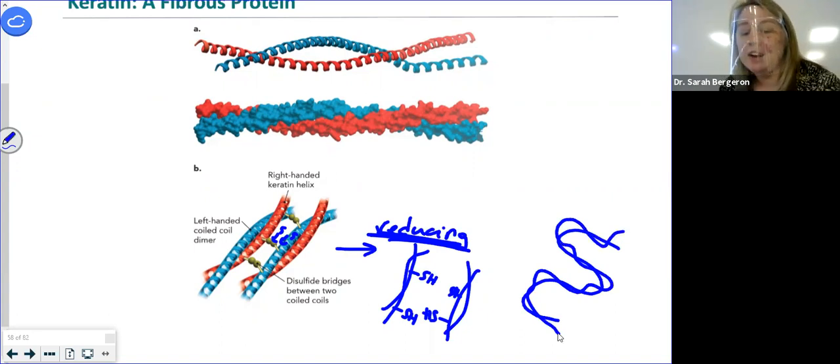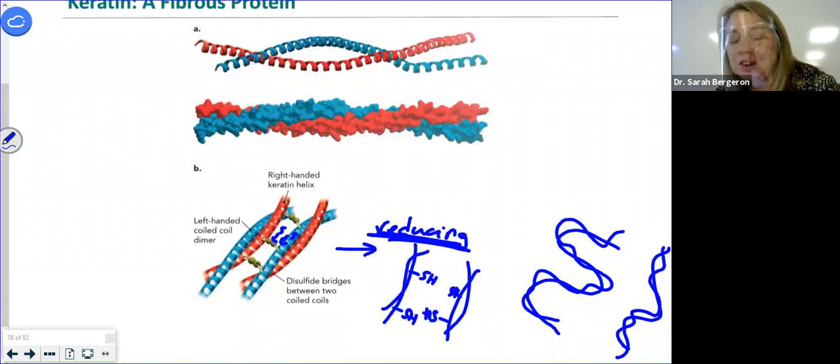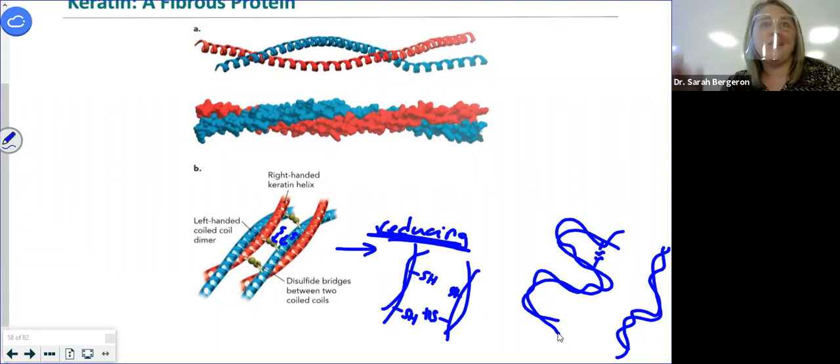So now instead of binding to the other strand that's next to it, what actually ends up happening is you have these disulfide bonds that form within one keratin complex. So now when you wash out that chemical, you'll keep your curly hair for a while. So it's all about making and breaking disulfide bonds. I thought that was kind of cool.